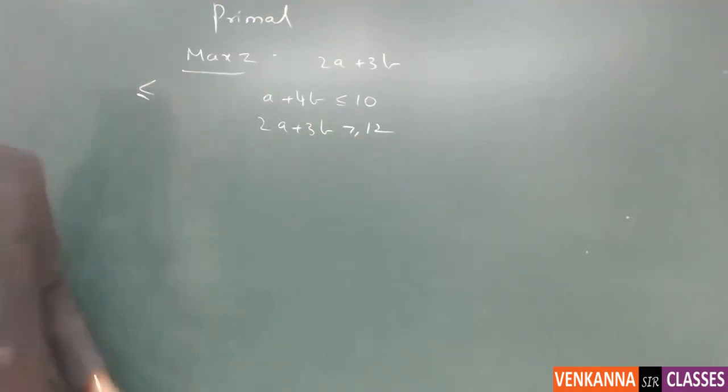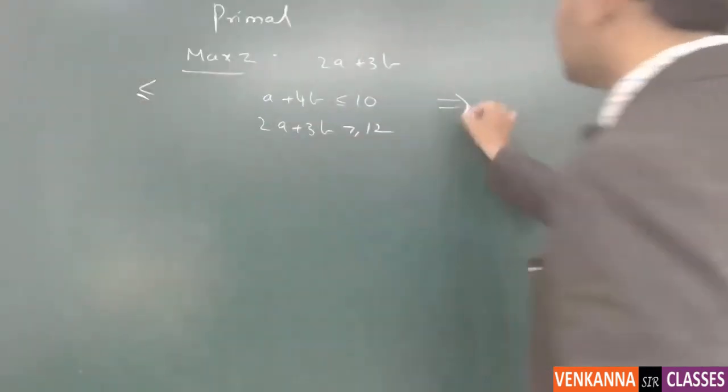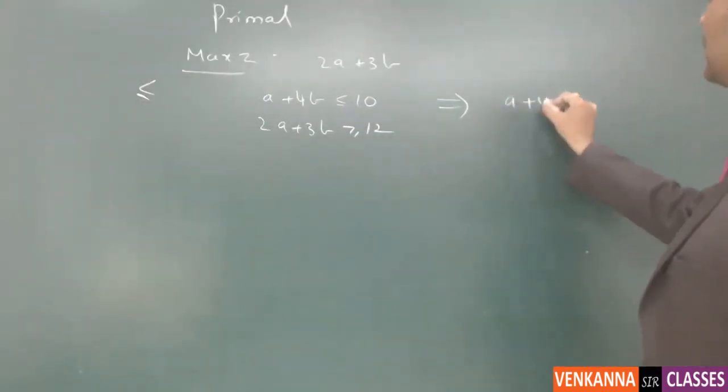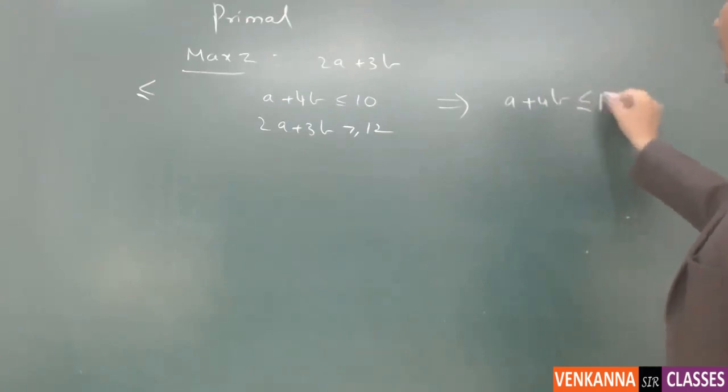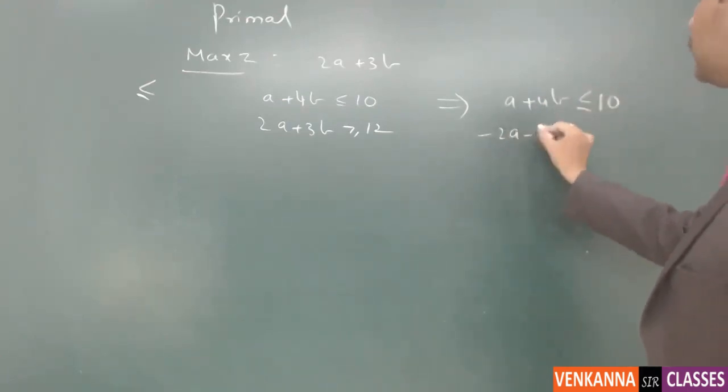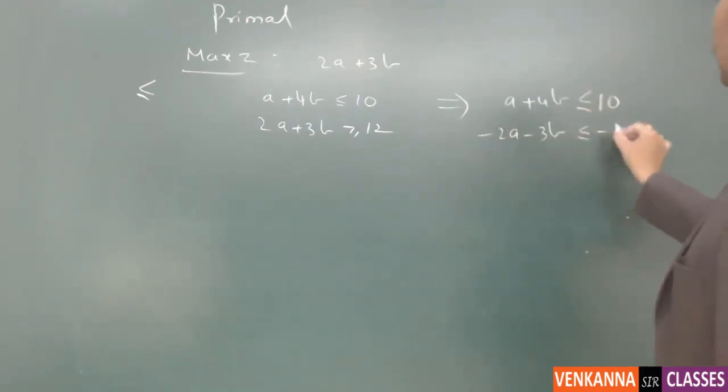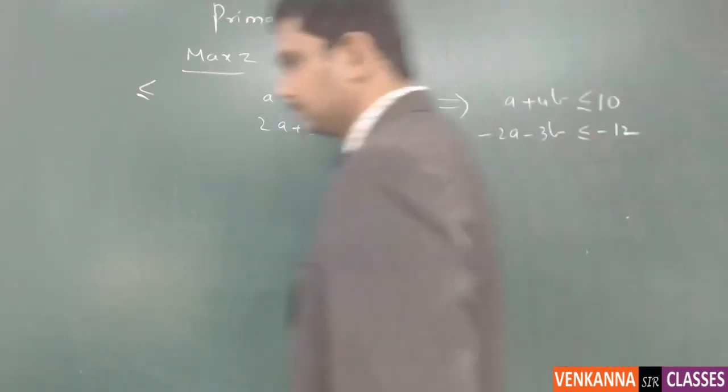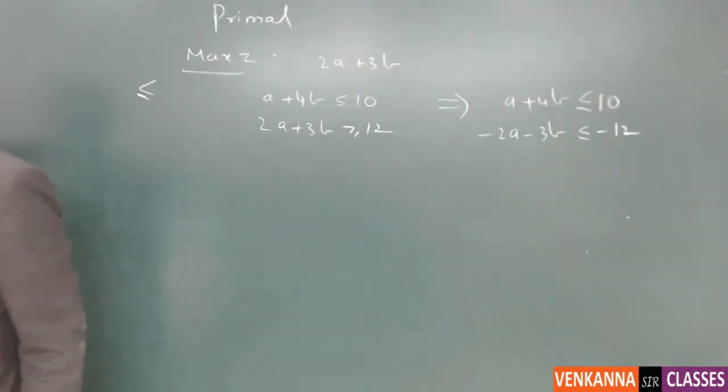So we will write these equations as a plus 4b is less than or equal to 10 and -2a minus 3b is less than or equal to -12. Clear? So the objective function is maximization and all the inequalities are of the type less than or equal to. So the regular form is obtained here.